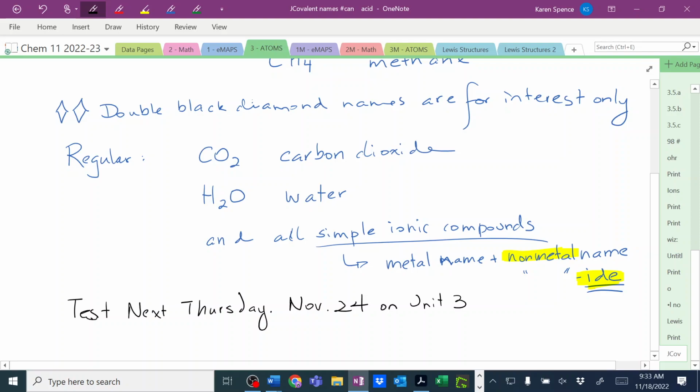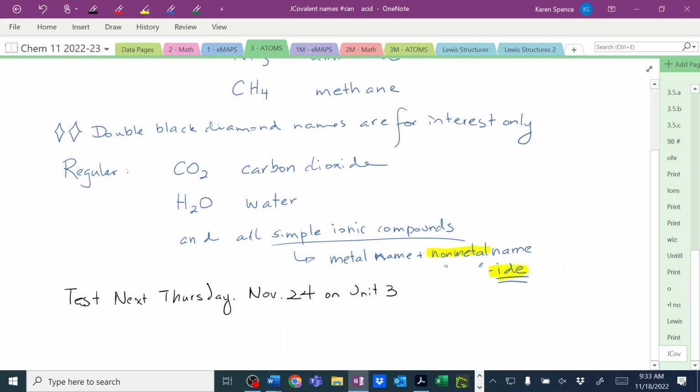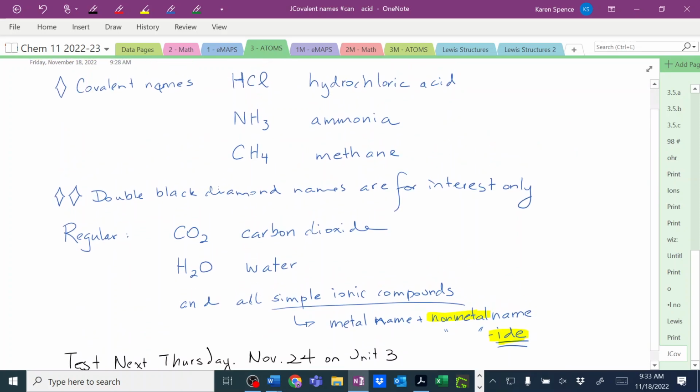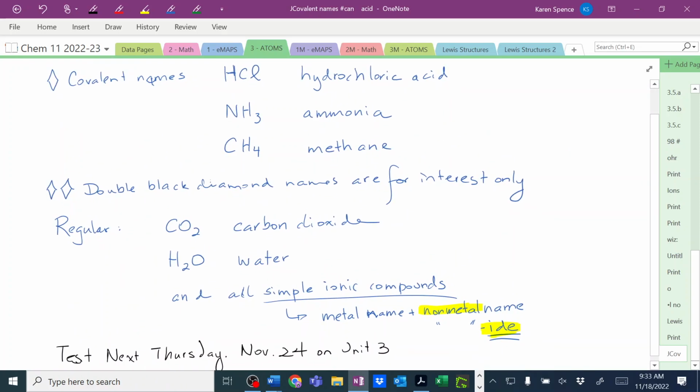All of Unit 3. Yes. There we go. That should have everything on it now.